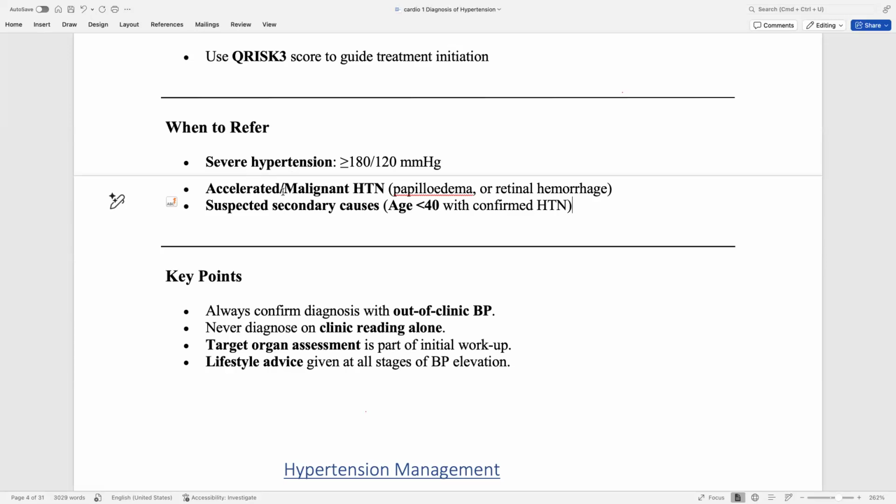But what is the difference between accelerated and malignant? Which is more severe? Malignant, from the name.